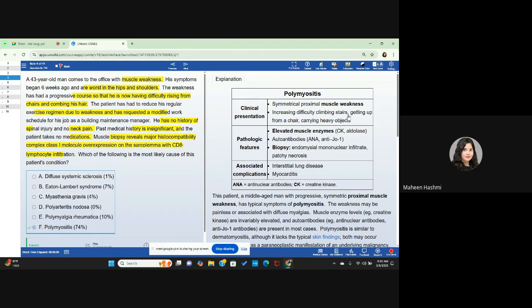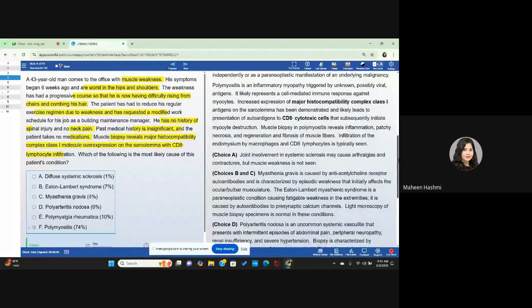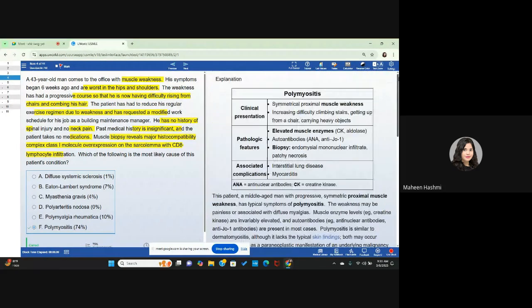Whenever you have muscle problems that sound exactly like polymyositis, but they also have skin manifestations, then that becomes dermatomyositis. What I also want you to remember is that it's associated with ovarian adenocarcinomas. And the other thing I will tell you in future modules is related to skin pathology: dermatomyositis has Gottron papules. They will talk about that.